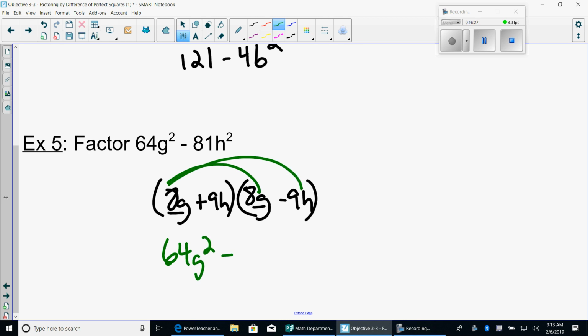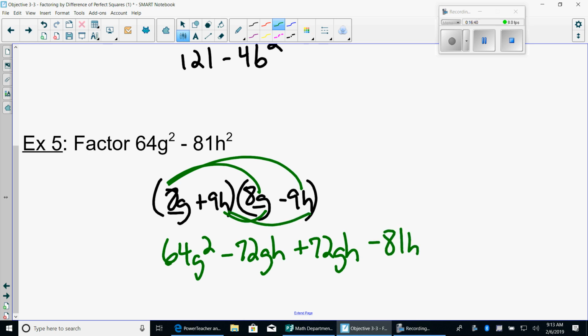This would be negative what? 72gh. This would be positive 72gh. And this would be negative 81h squared. Those cancel, and you get 64g squared minus 81h squared. Okay? All right. So are we good with difference of two squares?